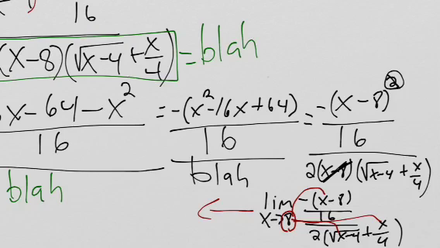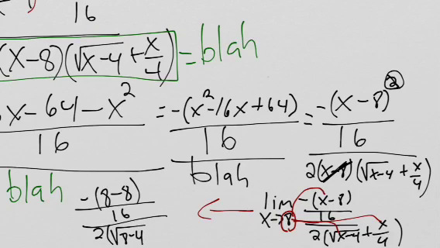So what we get, and this is why this is so sweet, we get negative 8 minus 8. Oh, what's 8 minus 8? Uh-oh. Over 16, over 2 times the square root of 8 minus 4 plus 8 over 4. Okay, so we get 0 up here, divided by 16, which is just 0.